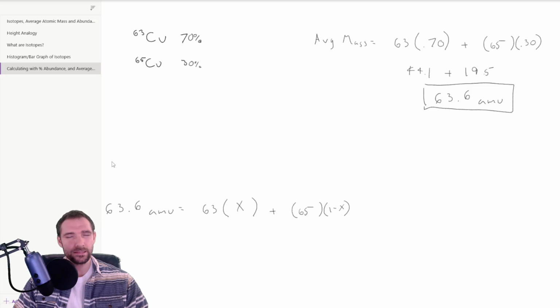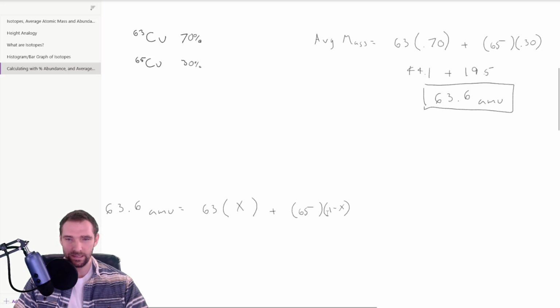It's kind of tricky because they're making you do some algebra where you have to FOIL some numbers here. But if you think about this as 0.7 and 0.3, you should see how they're related. All the portions should add up to 1. So if you're only working with 2 isotopes, they should add up to 1.